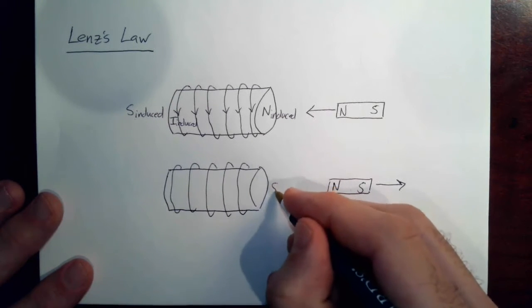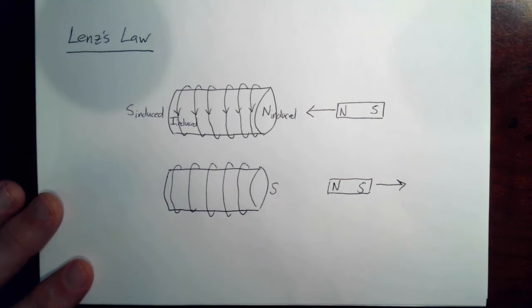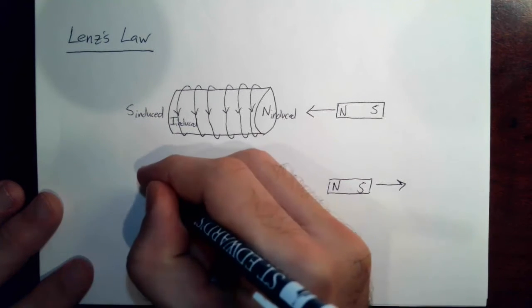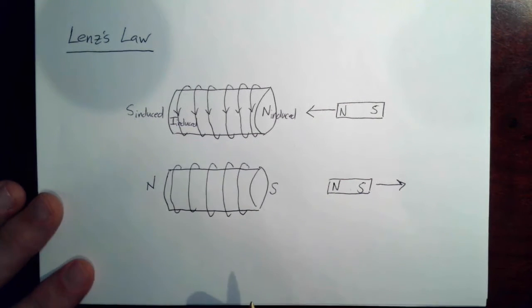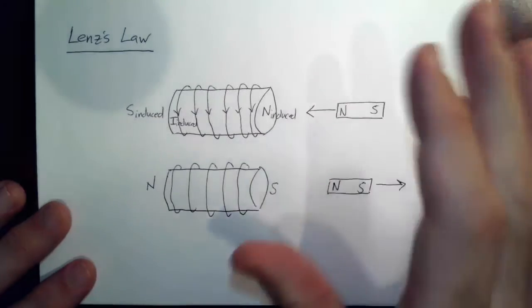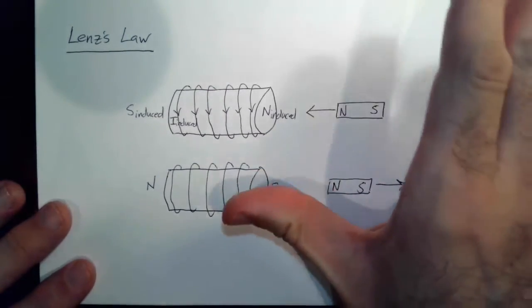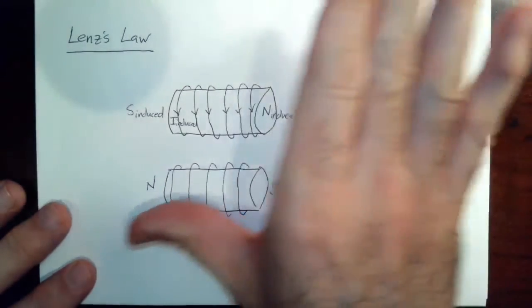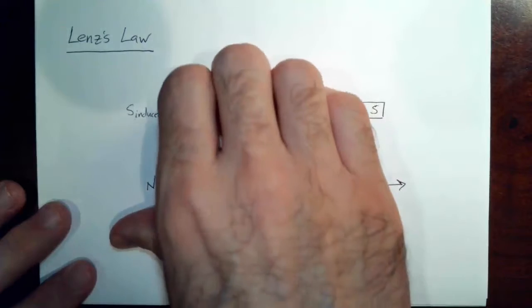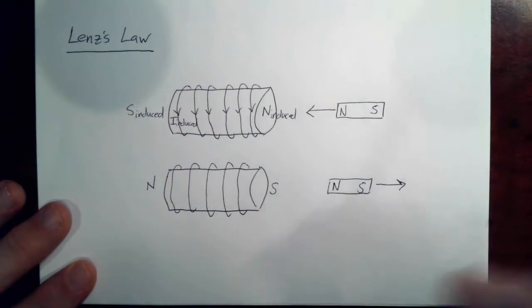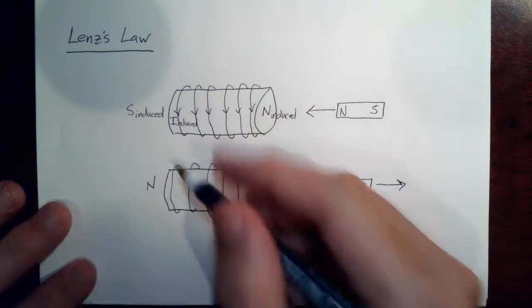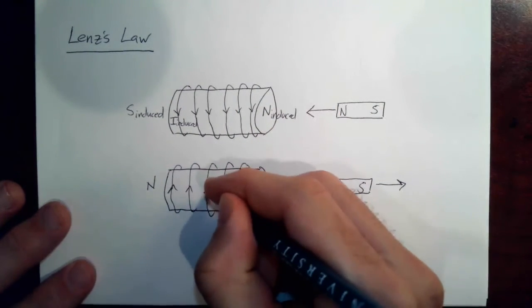So it would want to induce a south pole on this end and a north pole on this end. And what direction must the current be going? Well, as usual, right hand rule number 3: I point my thumb in the direction of north, and my fingers are going to curl around in the direction of the current. And so you can see that the current is going this way this time.